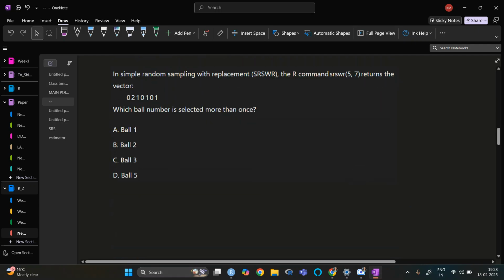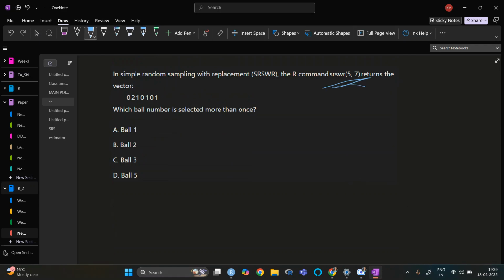Okay, in this we are doing SRSWR. The function returns the vector 0 2 1 0 1 0 1, so we have selected 5 balls. Which ball is selected more than once?